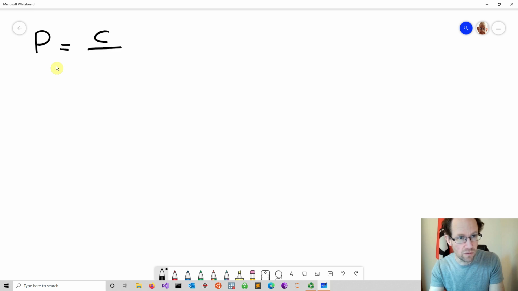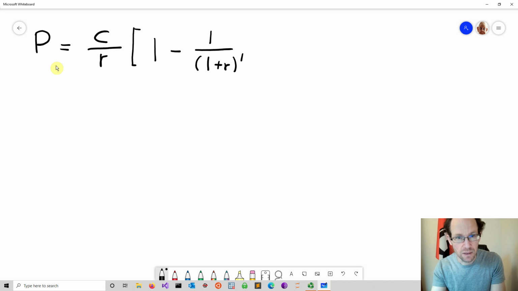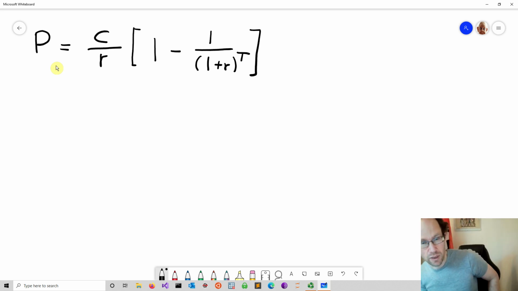We know that we can write the value of a bond as the coupon payment divided by R, which gives me a perpetuity, and then I do an adjustment for the fact that it's not a perpetuity because I only get this payment up to maturity at point in time capital T. So just write down this part of the valuation formula which we derived before.